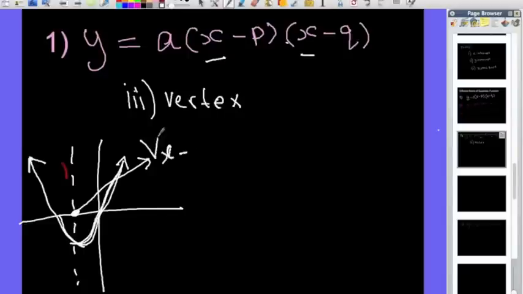I'm just going to write it as vx, and this point right here is the vertex.